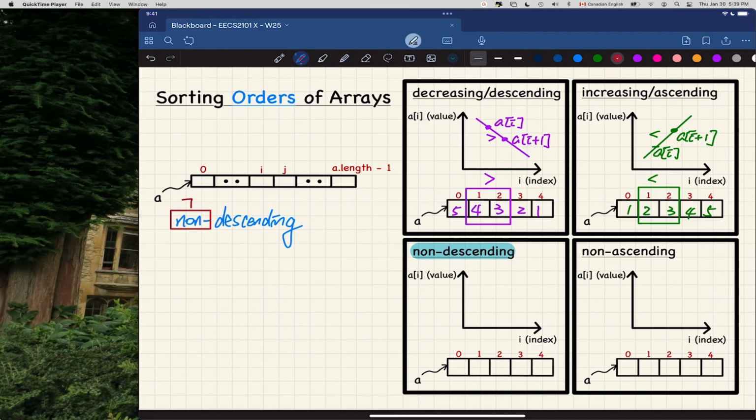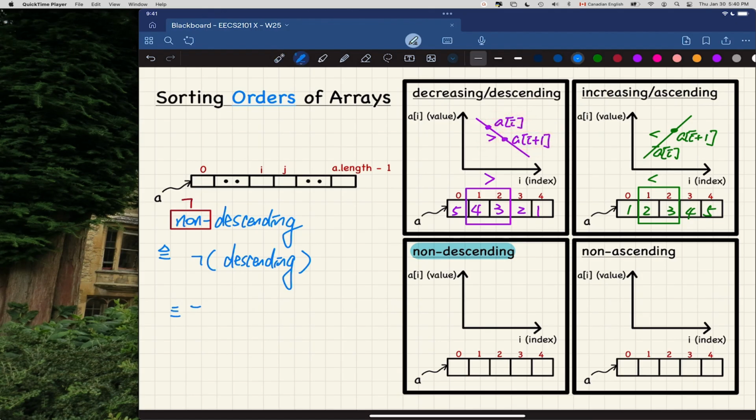Not the case descending. All right? So the way to work out the logic is, okay, by definition, it will be not the case descending. And we just learned that for descending, which will be this case, it should be A[i] strictly larger than A[i+1], right? Let's apply that.